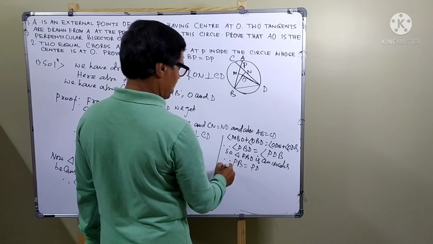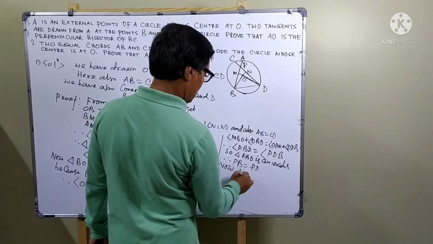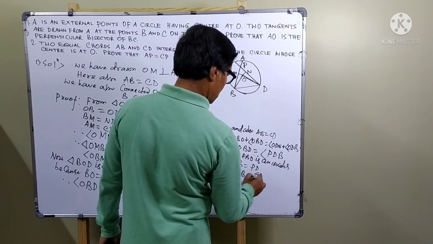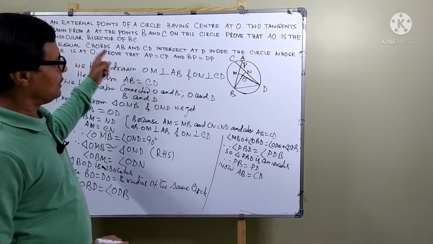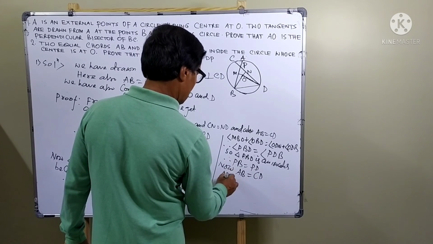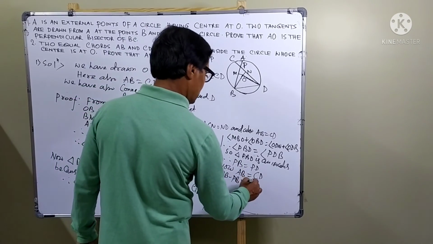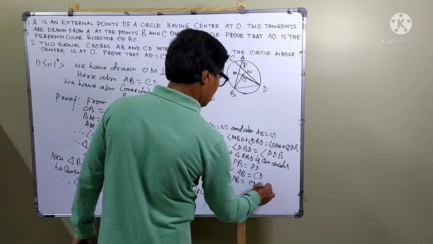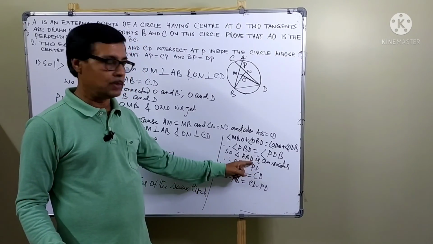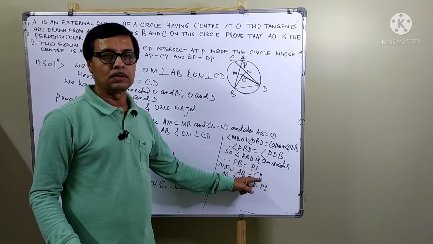Now AB equals CD, as we are given two equal chords AB and CD. So we can write AB minus PB equals CD minus PD, because PB equals PD and AB equals CD is given.